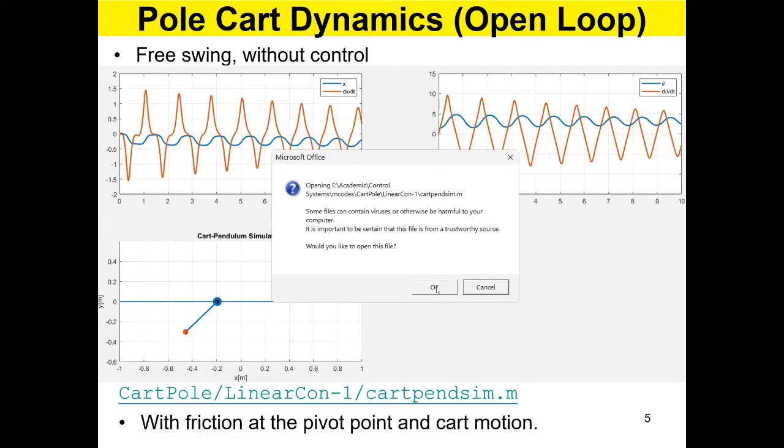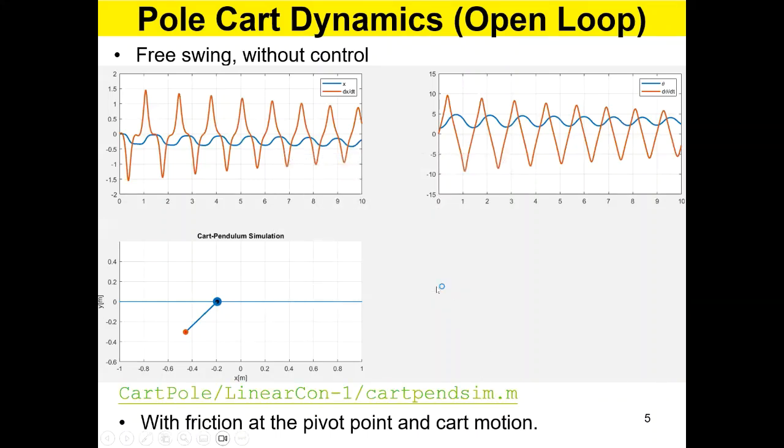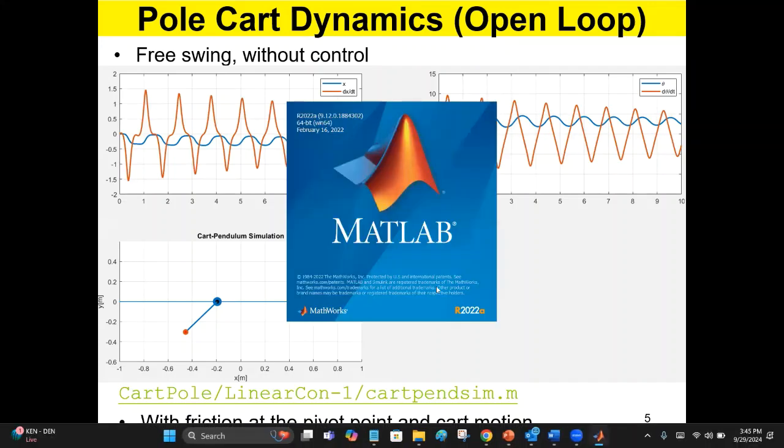I can show this to you, this little code in MATLAB was written to simulate the cart and pole motion starting from a certain initial position. Okay, there's no controls whatsoever. This is free swinging.